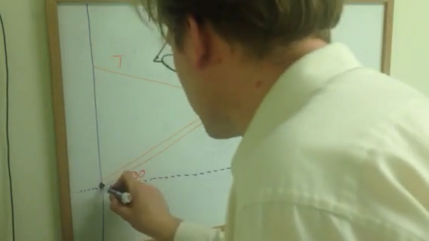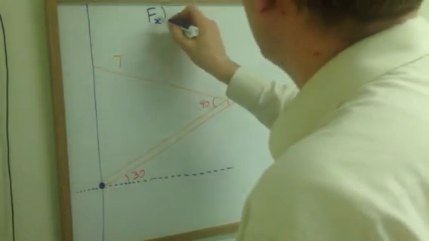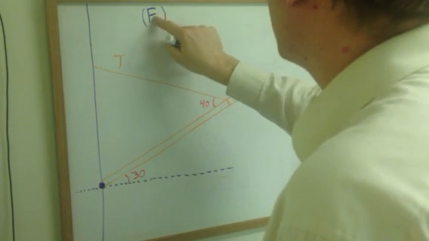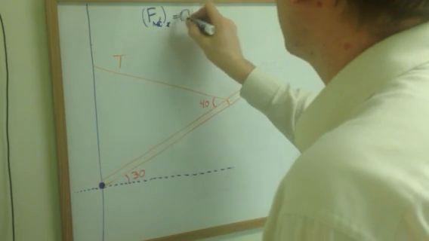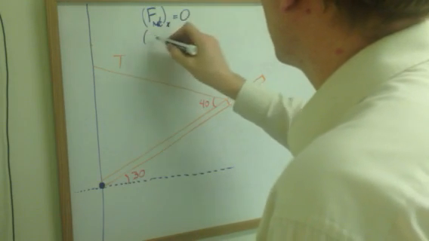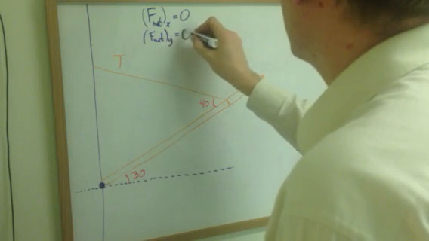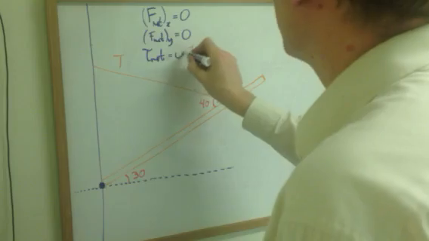It pivots around this point. It is in static equilibrium. So with regards to the beam, the net force in the x direction is 0. The net force in the y direction is 0, and the torque is equal to 0.